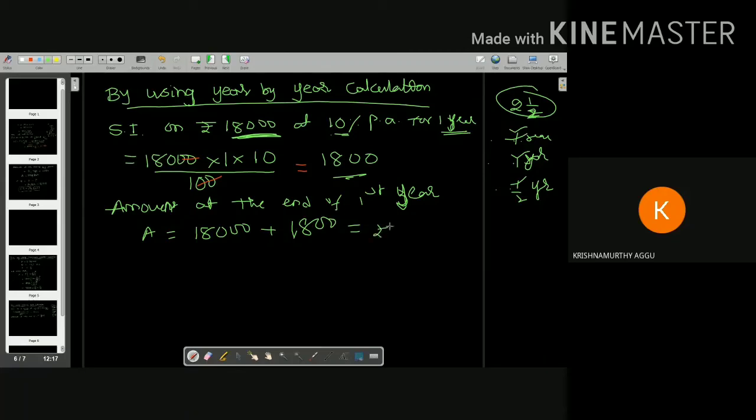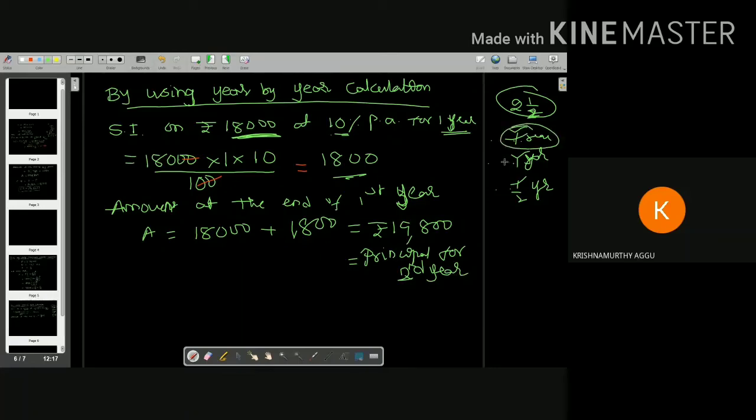Altogether will be rupees 19,800. We have done only calculation for 1 year. But this amount is the principal for second year. For the second year, this amount will be the principal as per year by year calculation.